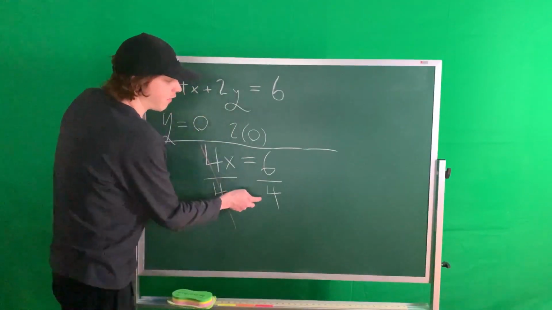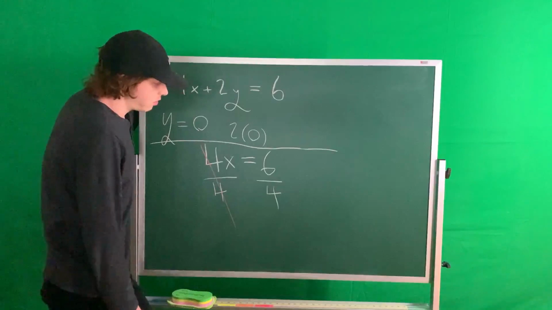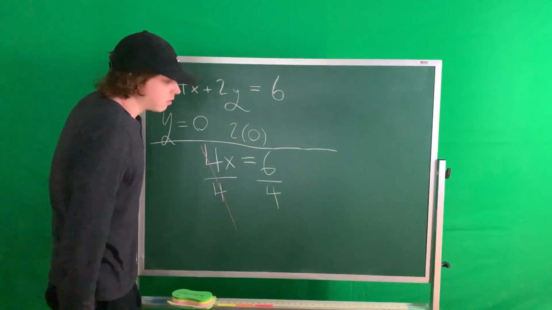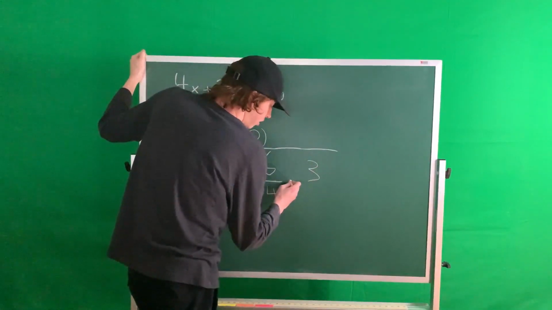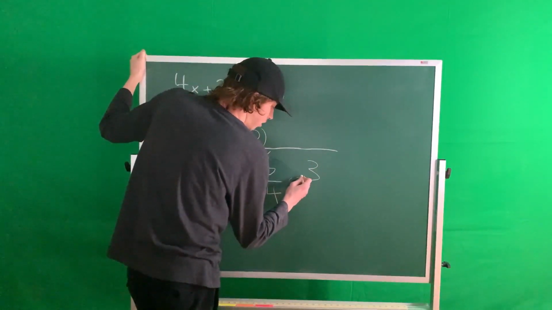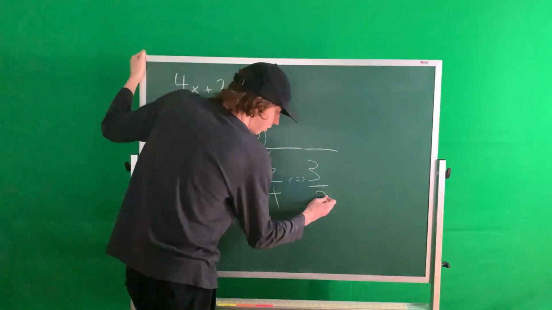When we see 6 over 4, I see two numbers that can be divided by 2. So 6 divided by 2 is 3, and 4 divided by 2 is 2. This is the same thing as saying 3 over 2.